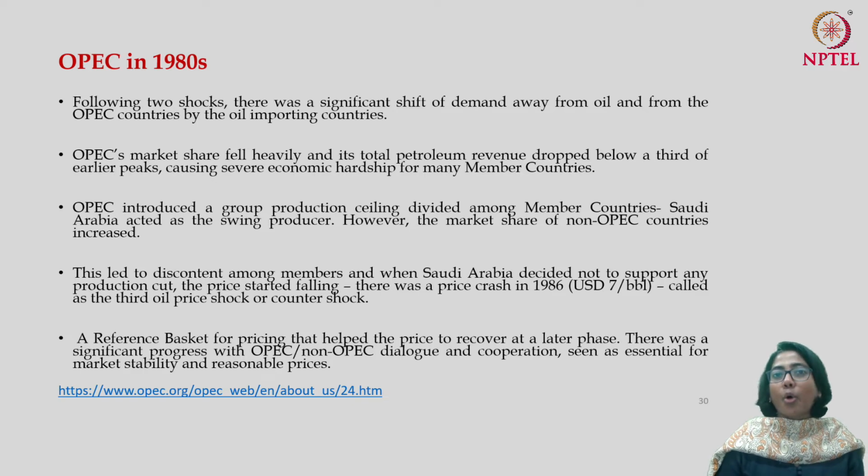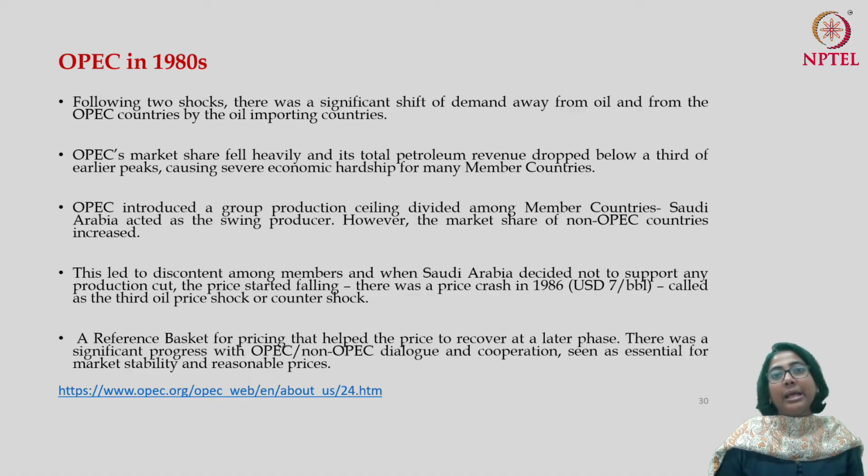Now, given the two oil shocks, there was a significant shift because of national policies, and because of the scare people had about what will happen if imports are stopped. There was a significant shift away from oil as a source of energy. People started exploring other sources.